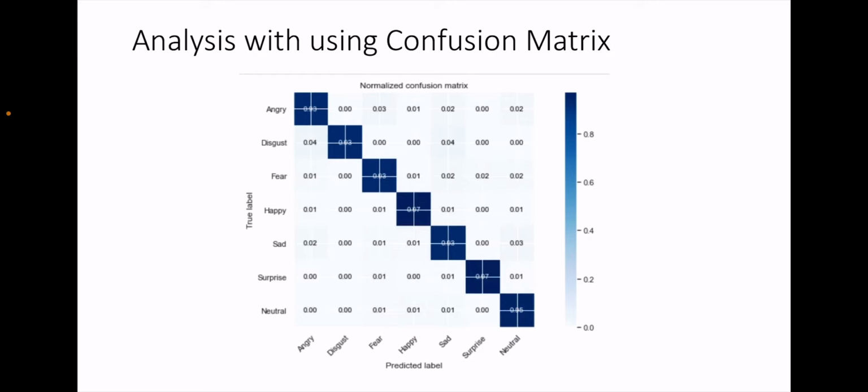As it shows, angry, disgust, and fear with sad are the lowest, and the lowest is 93%. That is good, and the highest is 97% for happiness and surprise, which is high as well.